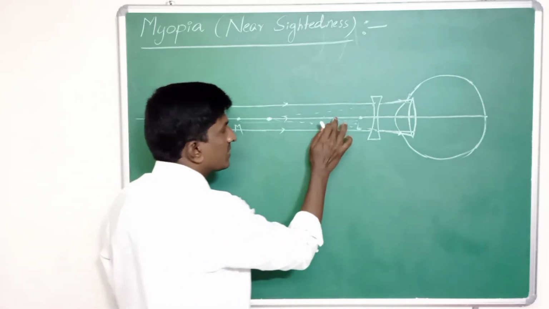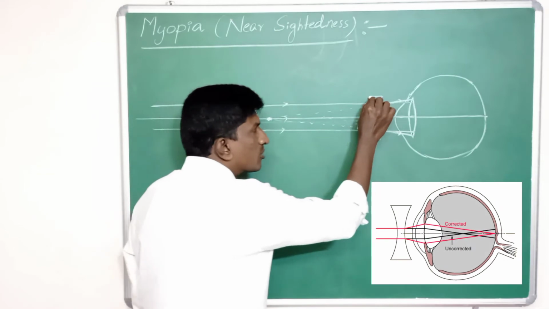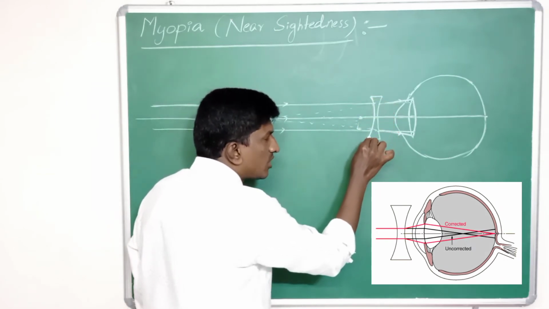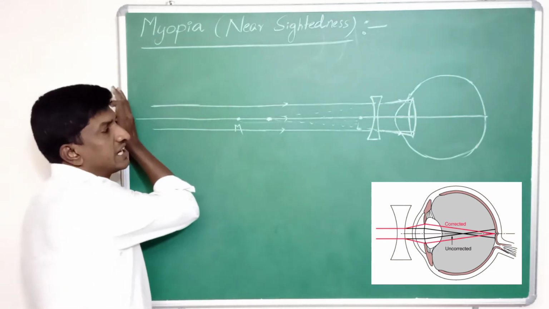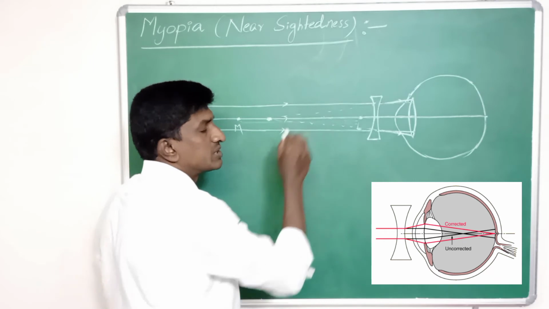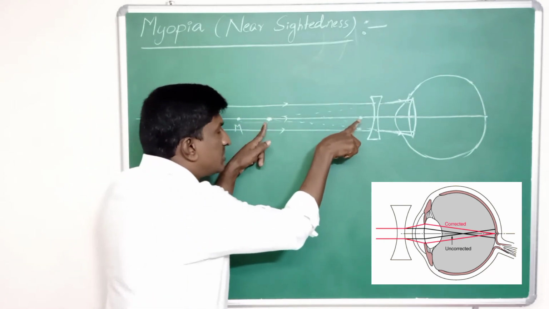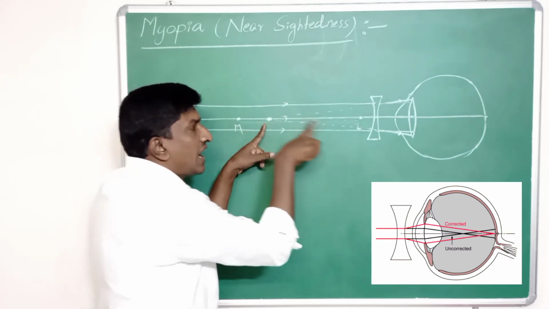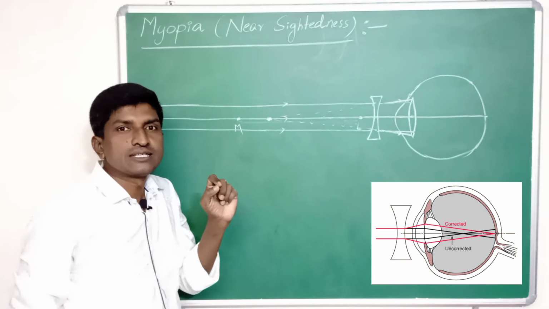In this way, this is the virtual image formed by the concave lens of the object at infinite distance. This image, which is in between L and M, acts like an object for our eye lens.